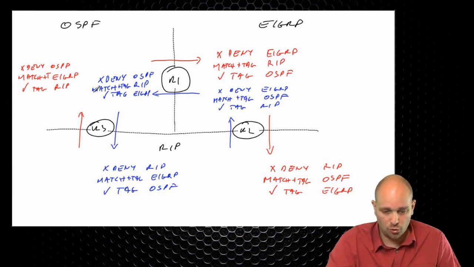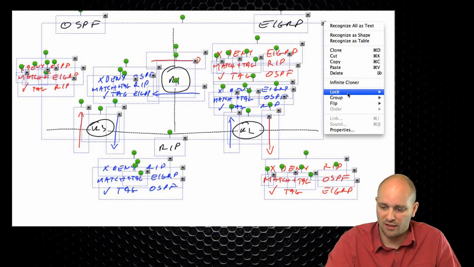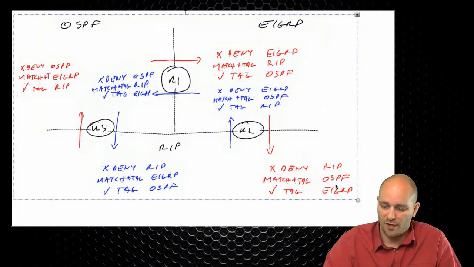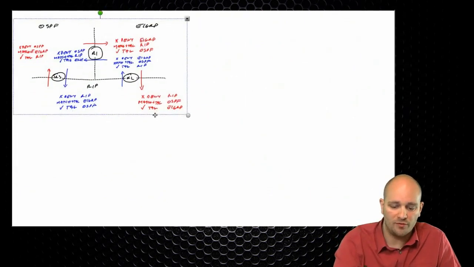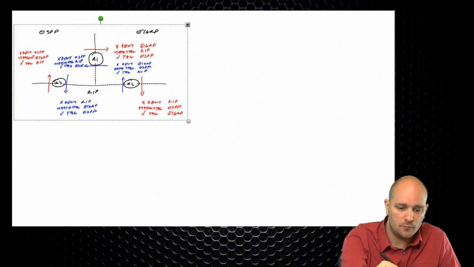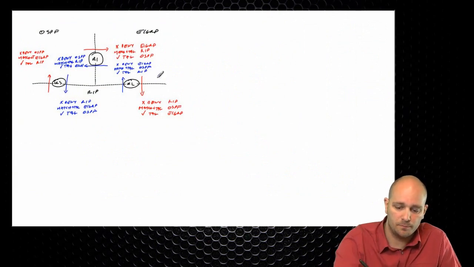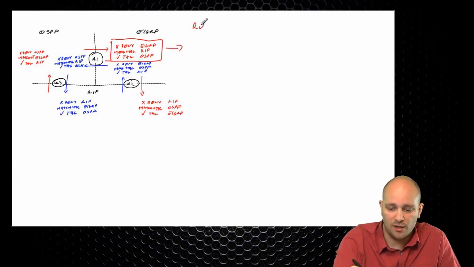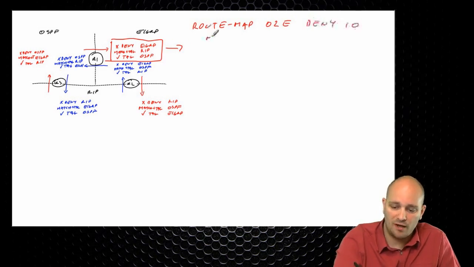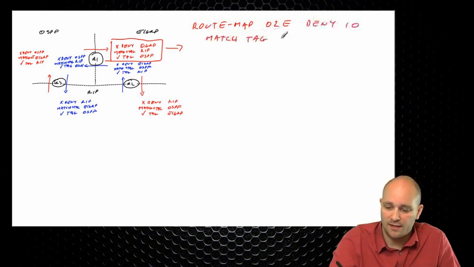I'm not going to do all of them because that would require a lot of writing right now. So I'm just going to do one of them, this one here. I'm going to write out the route map for this. Route map OSPF to EIGRP deny 10. Then match tag 90.